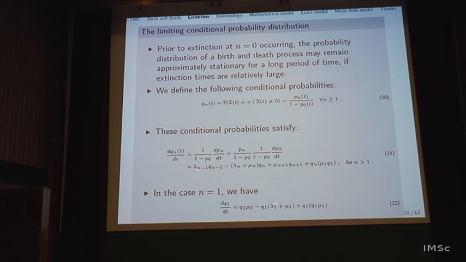But second, this term was there, this term was there, this term was there, but I pick up this new term, which comes from taking the derivative of P0 in the denominator. And as you can see, this is a nonlinear term. So these conditional probabilities satisfy a system of equations that is actually nonlinear, and of course the nonlinearity is going to make it more difficult to analyze from an analytical perspective. It's important to see that that nonlinearity is related to mu1. That is there because what connects you to 0 from the rest of the states is the rate at which you go from 1, which is the death rate from 1.